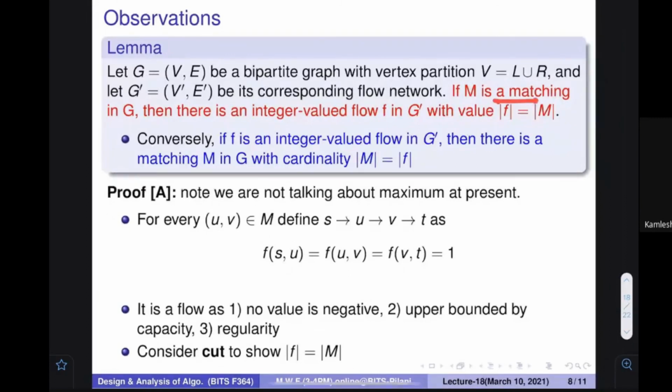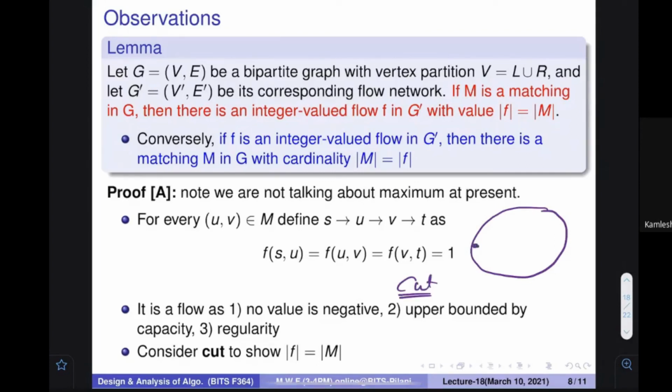Now this part remains: how can I show that the flow is equal to M? Here we can utilize a very important property that we saw in the last class: the cut in a flow network.